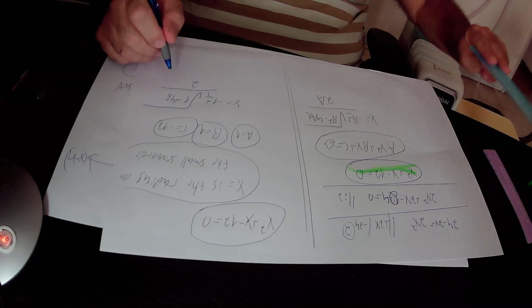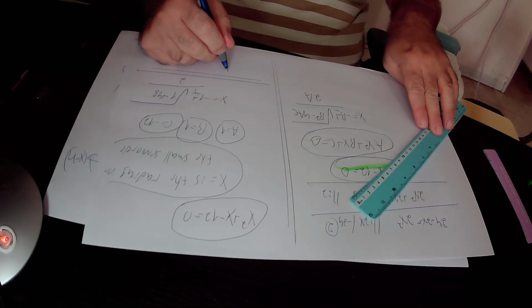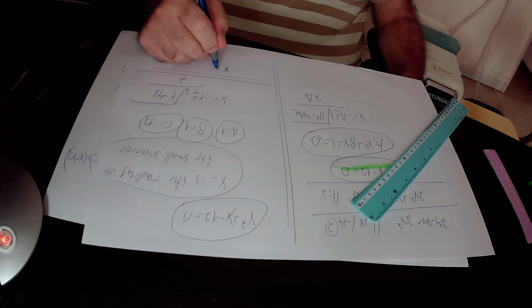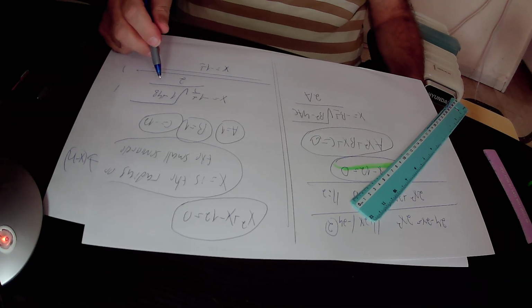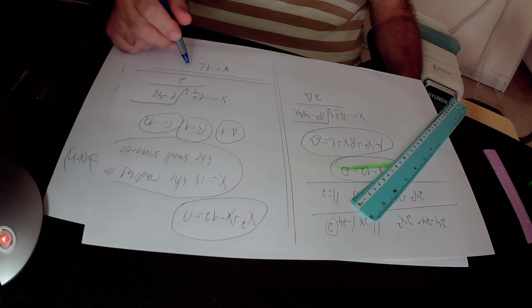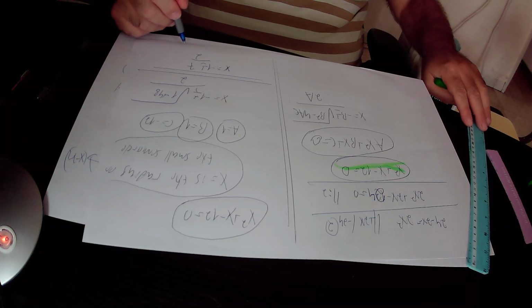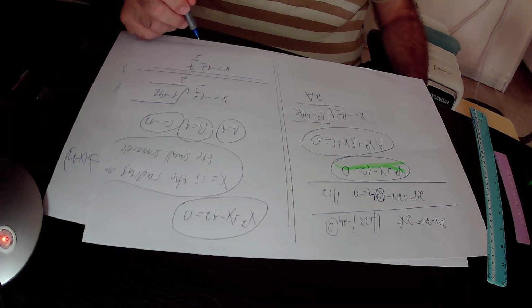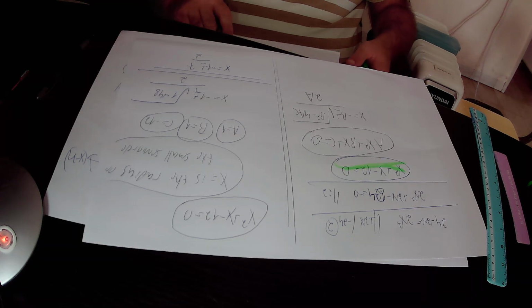So in total, we found that x equals minus 1 plus minus the square root of 1 plus 48, which is 49, and the square root of 49 is 7, over 2. So x equals minus 1 plus minus 7 over 2. Here we have two possible solutions for x.